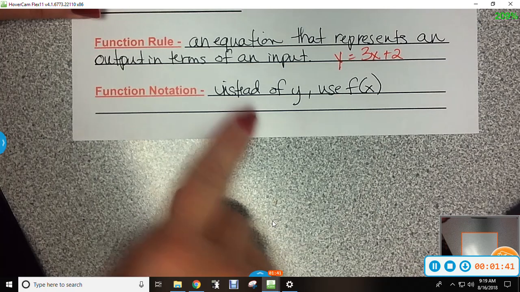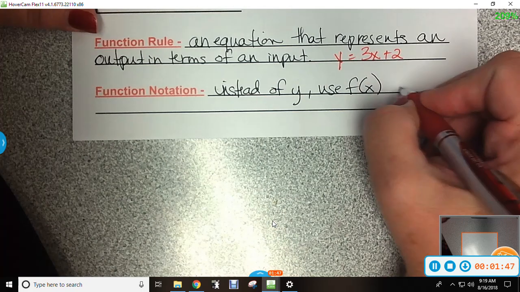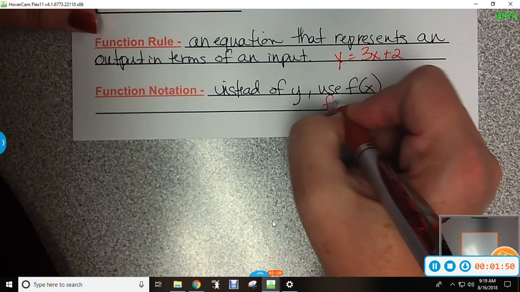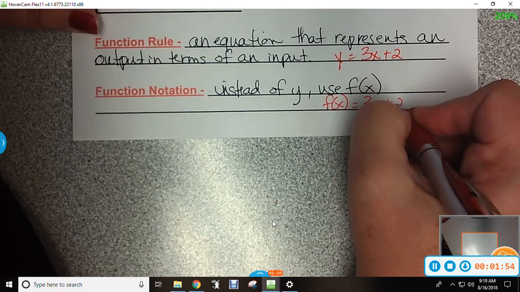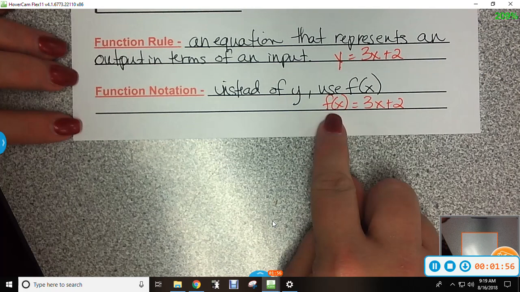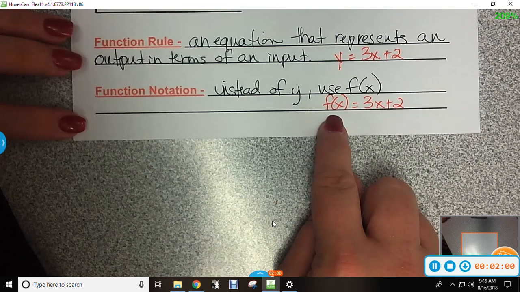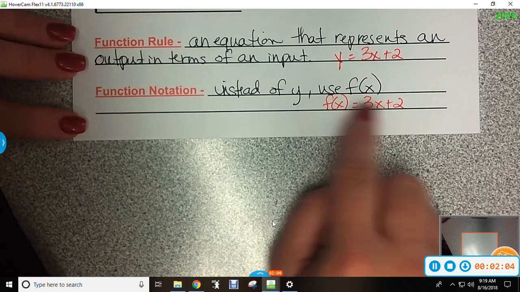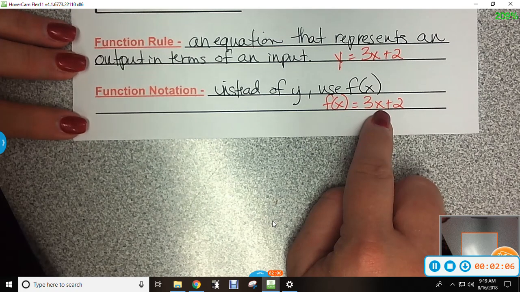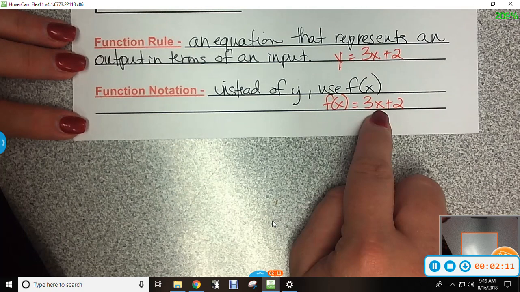So if we take this problem above and rewrite it in function notation, it would be f of x equals 3x plus 2. Now, the f of x stands for function of x. All that means is this output is going to change depending on what you plug in here. So this answer is a function of this variable.